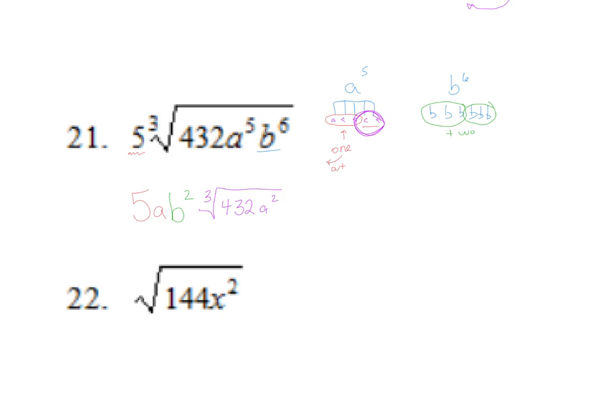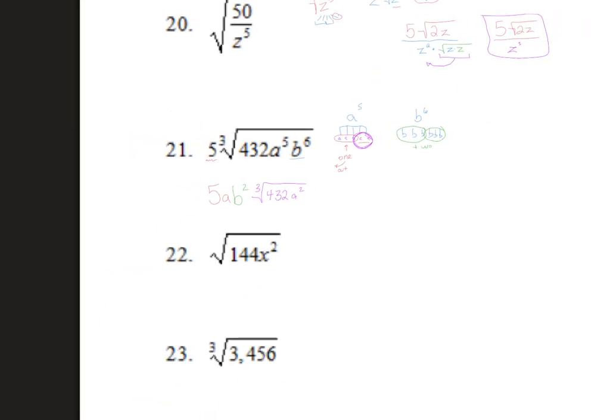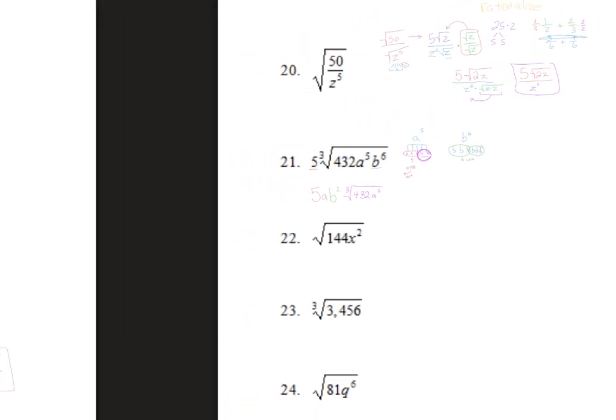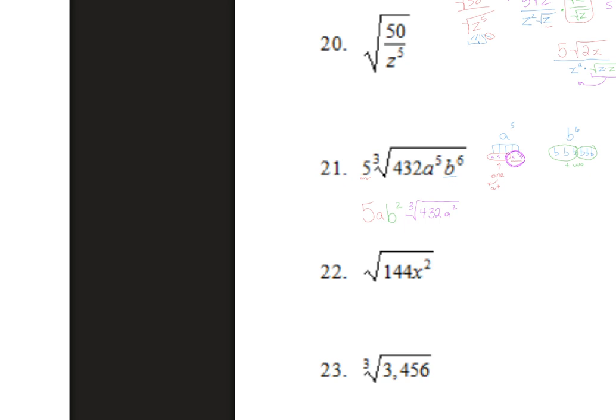I'm doing it that way just so that now I can mess with 432. I don't know my cubes very well, so I'm going to have to come over here and approach this by dividing 432 by, I know it seems stupid, 2. So I will get 216, and I can divide that by 2 and I get 108.